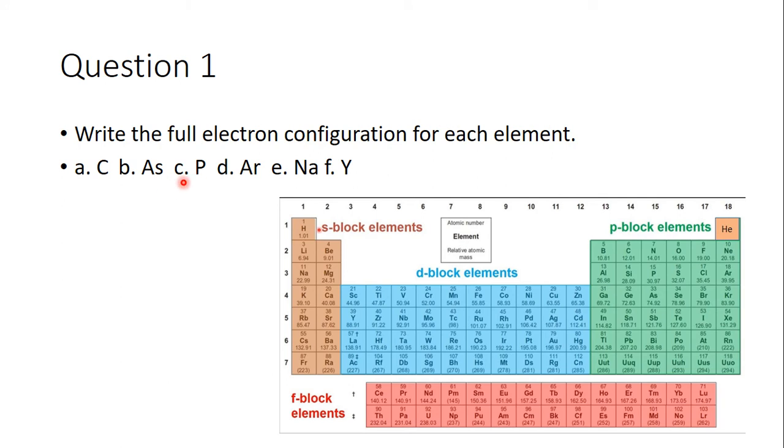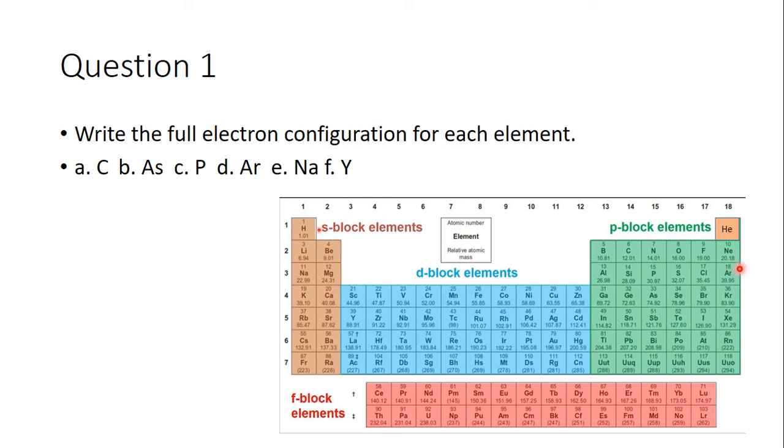So let's do that for As. As is element 33. So 1s1, 1s2, write that down. 2s1, 2s2, write that down. 2p1, 2, 3, 4, 5, 6, so we can write that down. 3s1, 3s2, write that down. 3p1, 2, 3, 4, 5, 6.